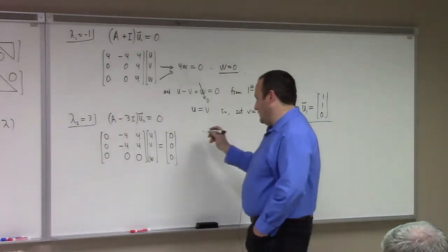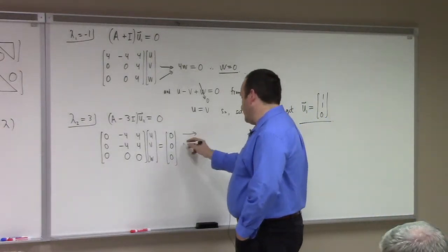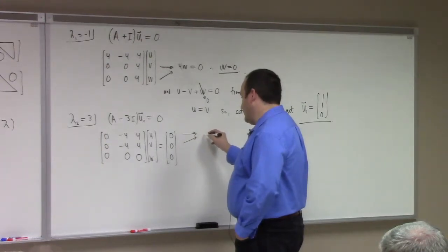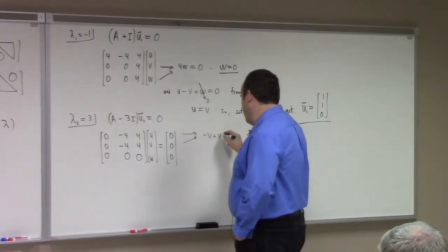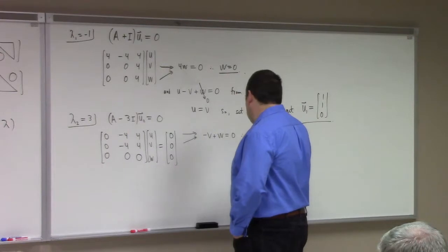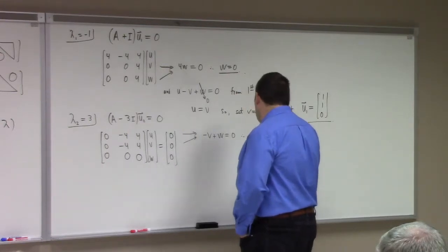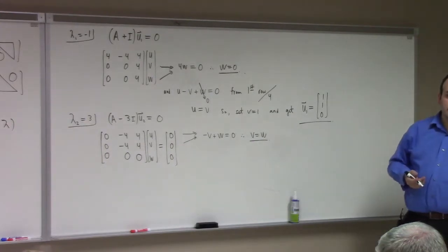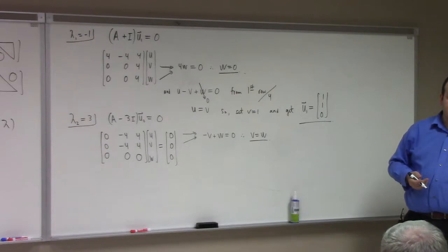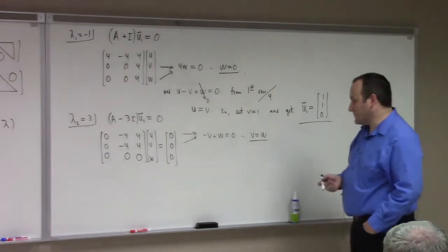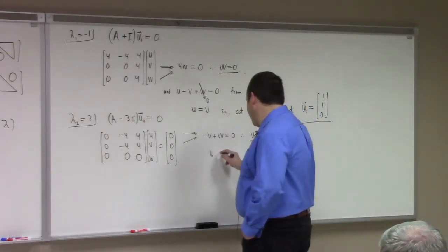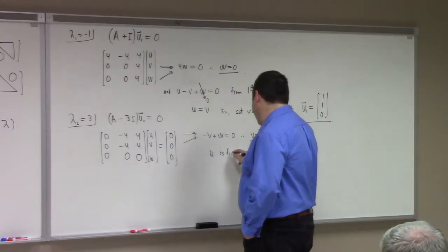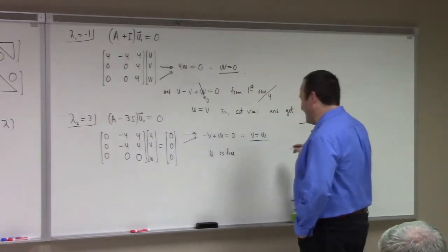These two top equations both give me minus V plus W equals 0. So therefore, V is equal to W in my solution. And what is U? I mean, this is a profound question. U is free. Sorry, I'm an idiot.